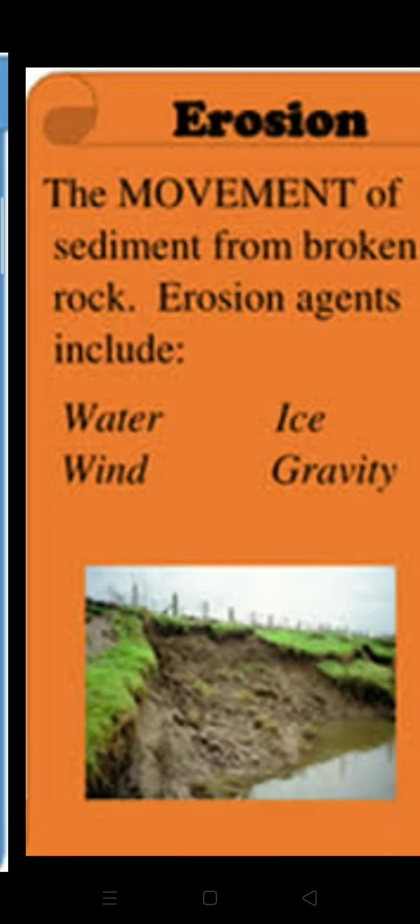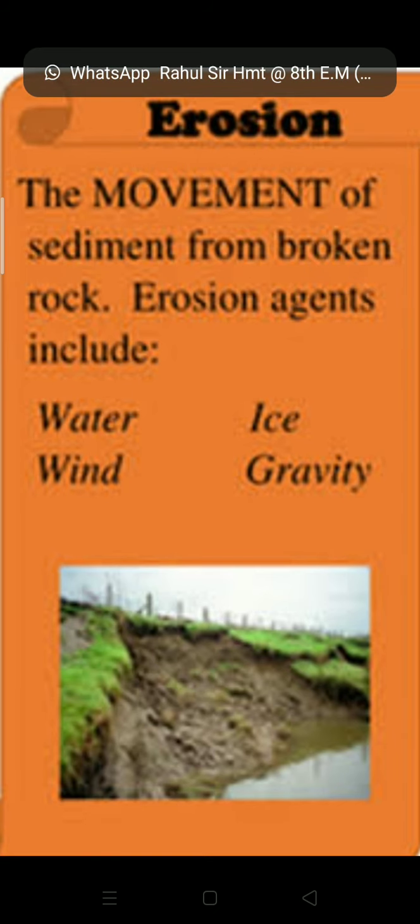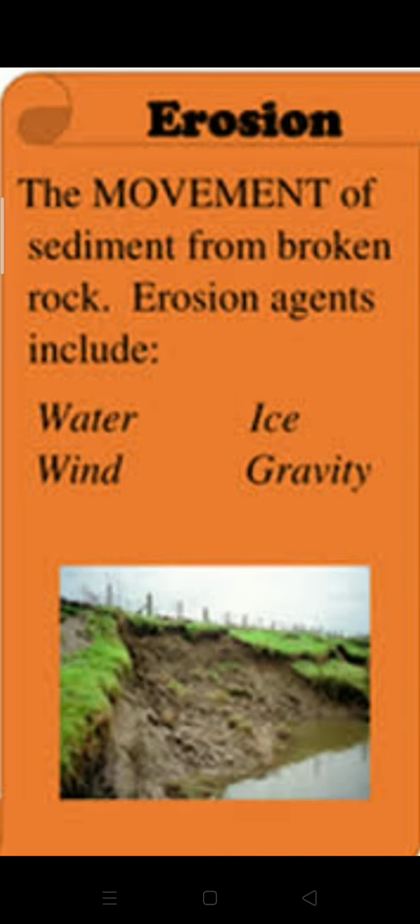Yeah. Now we talk about erosion. Look kids, erosion is movement of sediment from broken rocks. Now sediments here means small pieces of rocks, very minute particles which can be easily blown away by the winds, water, ice, gravity. So what is erosion actually?